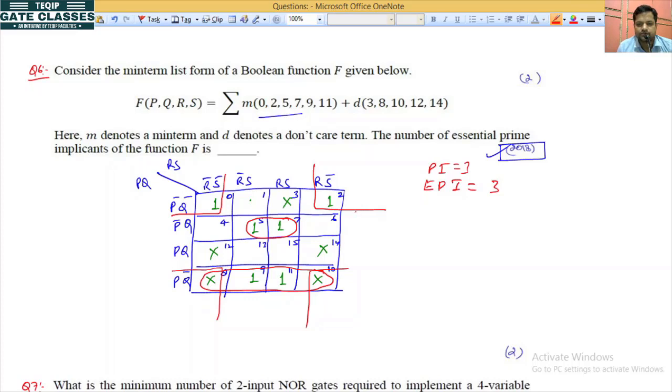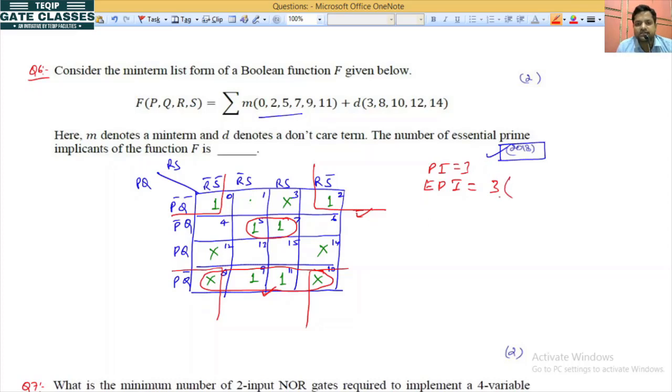In this group, this one is not covered by another PI, so this PI is known as EPI. Again in this, no one is covered by another PI, so it is again EPI. In this group, these 2 ones are not covered by any PI, so it is called EPI. So total how many EPIs are there? 3.